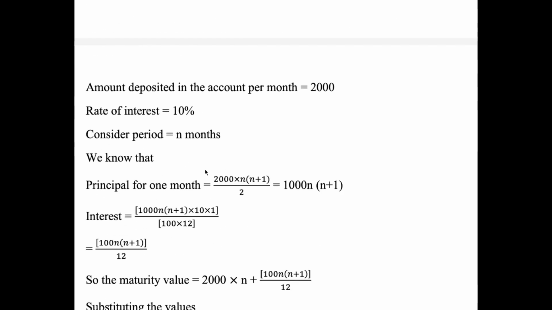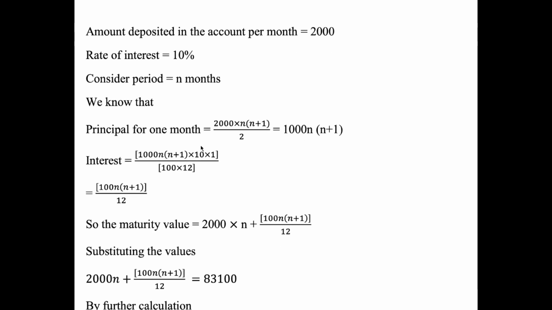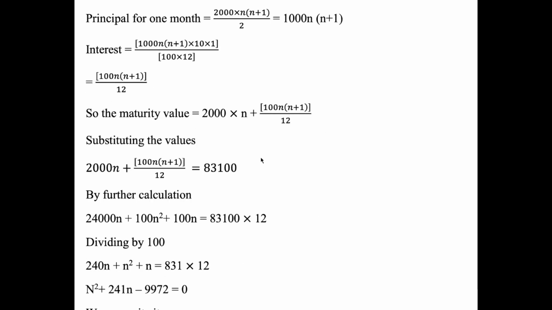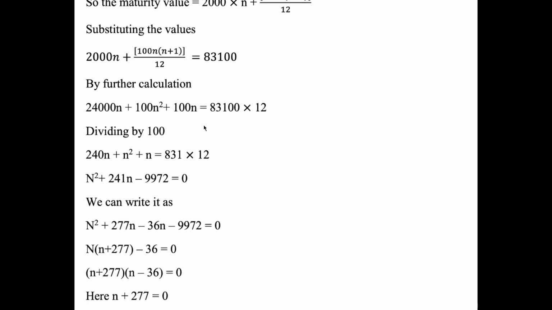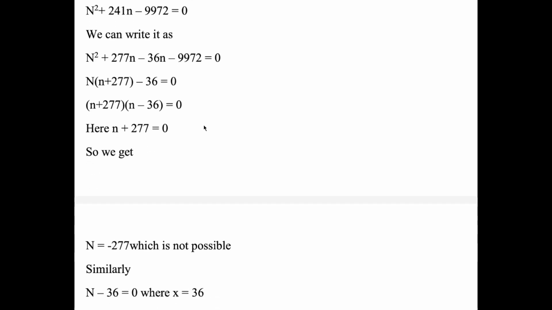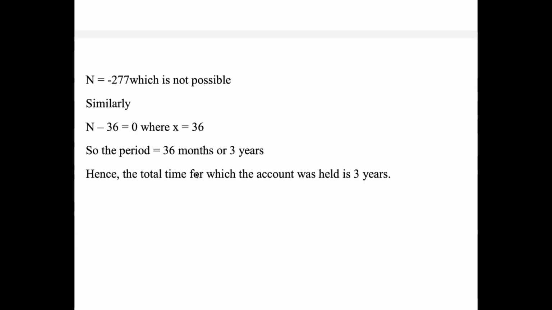Use first the principal for 1 month, use the same formula. Interest, the same formula. After that, the maturity value, use the same formula as previously we have used. After that, a little bit simplification, and we will get x is equal to 36. So 36 months means 3 years.